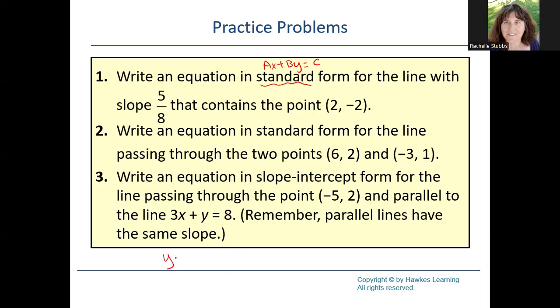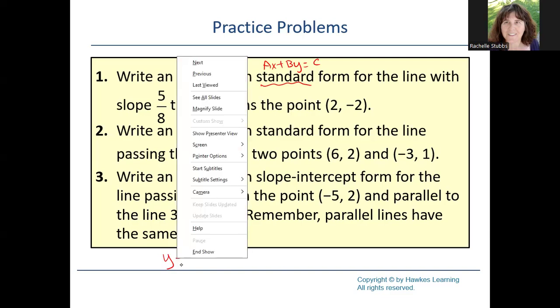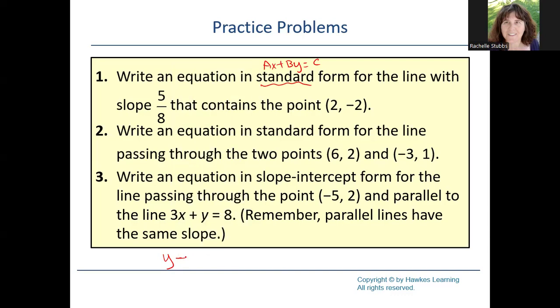So y minus -2 is equal to, here's our slope of 5/8, times x minus 2. Now this is not standard form, is it?